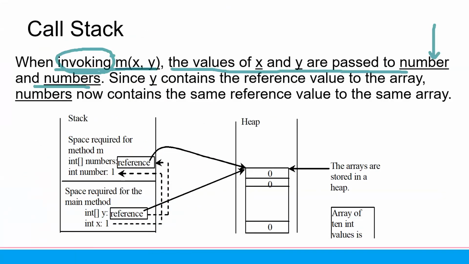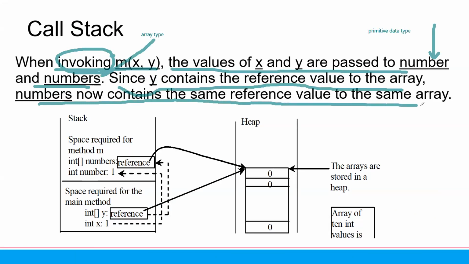Number is the primitive data type. And what is numbers? Numbers is array type. So since y contains the reference value to the array, the numbers now contain the same reference value to the same array.